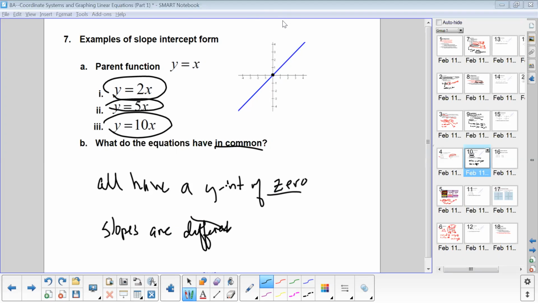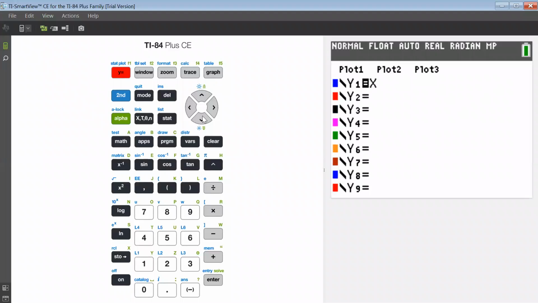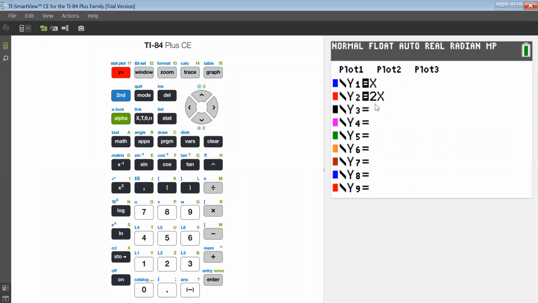So let's look at those through our calculator. And here's your parent function. If I type in my red function, it will be y equals 2x. And notice how that changes with the parent function. Well, the parent function is a 1-to-1 rate. The red would be a 2-to-1 rate. So the blue line is a 1-to-1, the red line is a 2-to-1.